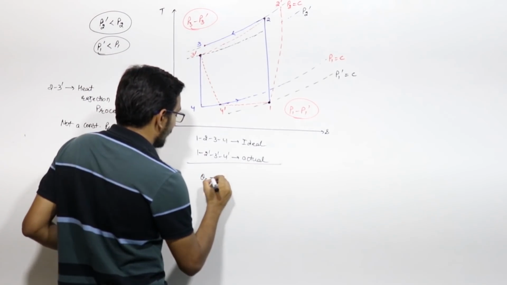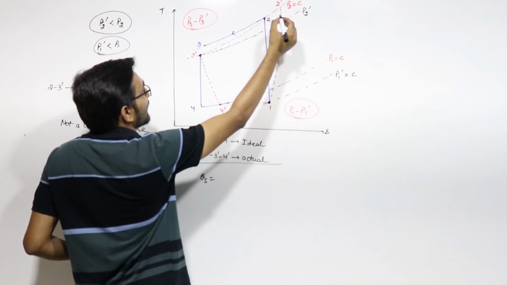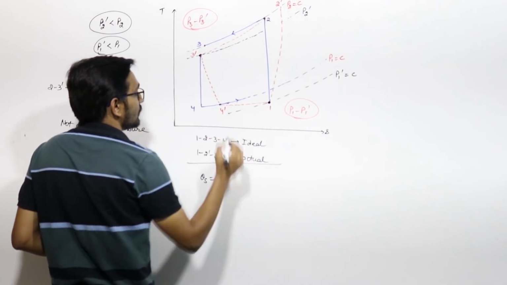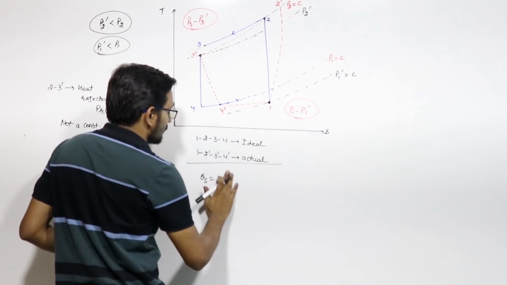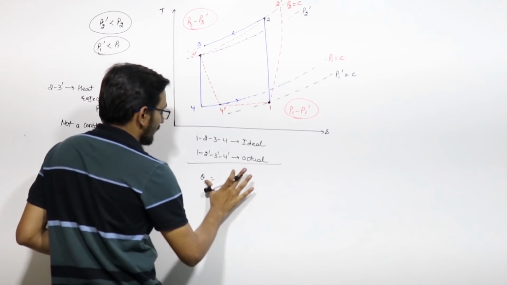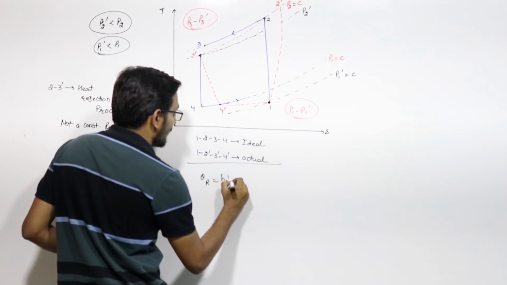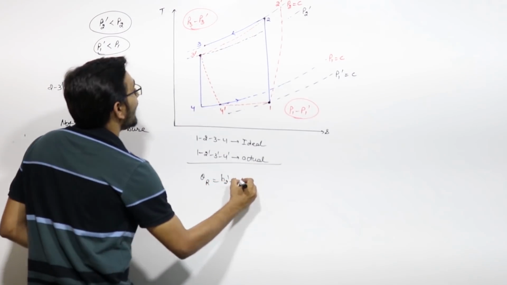What is the heat supply? The actual cycle is how much? 2 dash to 3 dash. So this will be the heat rejection. Heat rejection will be equal to H2 dash minus H3 dash.